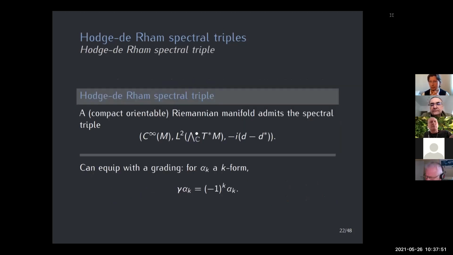So you have different grading. So this grading probably is for this Euler characteristic. Yeah. What about the signature operator? In that case, there is another grading, and that's the grading that comes in even dimensions from the Hodge star.